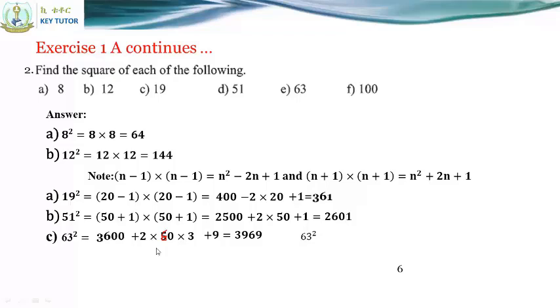Now the other way to work on 63 squared is you take 6 squared, the tens digit squared, as in the previous, twice the tens digit times the units digit, and again the units digit squared. First of all you take the units digit squared, that's 9.